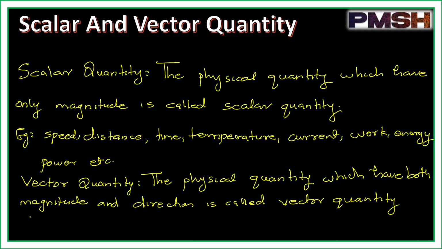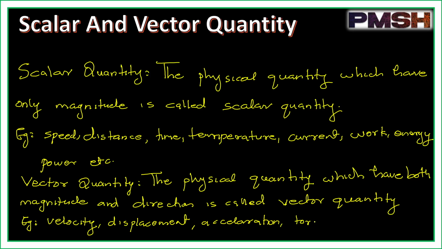Some of the examples we can say are velocity, then displacement, then acceleration, then torque, etc. So these are some of the examples for a vector quantity.